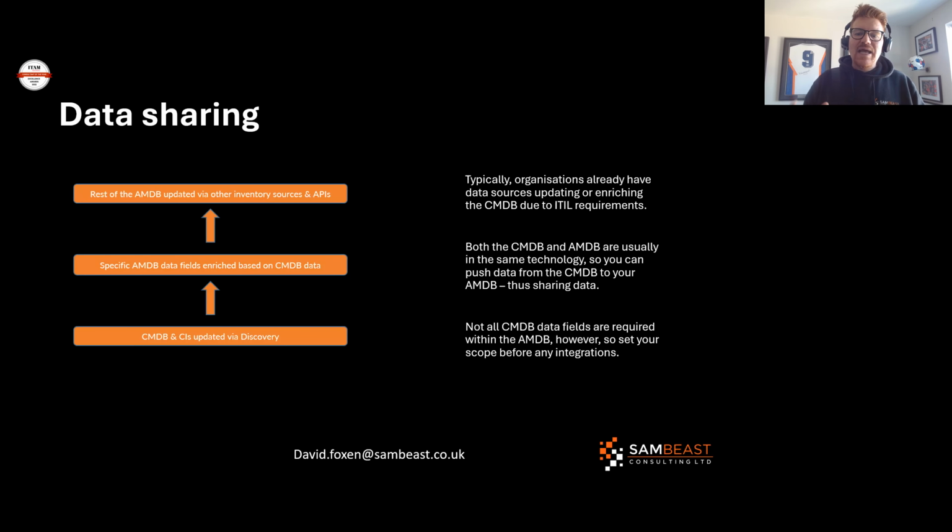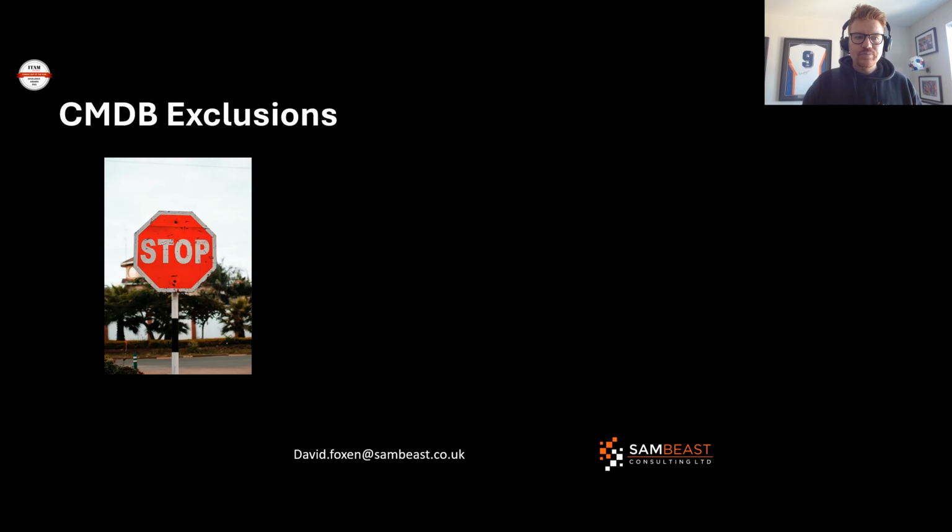Both the CMDB and AMDB are usually in the same technology, as we've already mentioned before, so you can push data from the CMDB to your AMDB and your AMDB to your CMDB, thus sharing of the data. We're all friends here. Not all, like we've said, not all CMDB data fields are required within the AMDB. So set that scope before you make any of those integrations. We've already mentioned that before, but very important to set that scope before you're creating any APIs, integrations, or having technologies talk to each other.